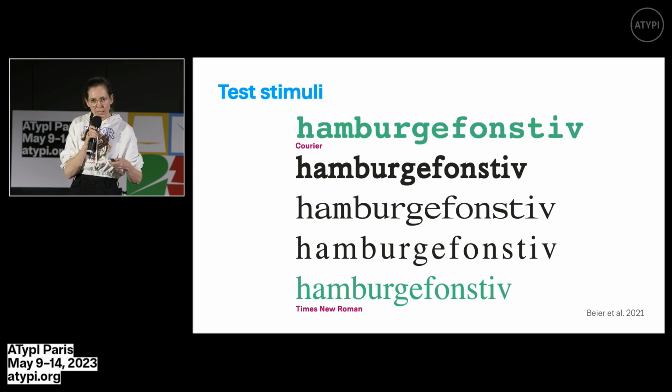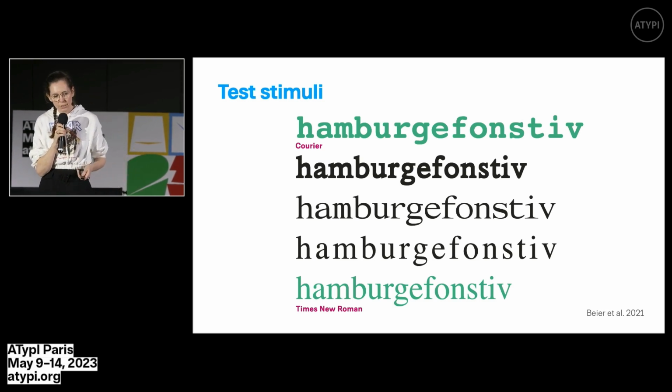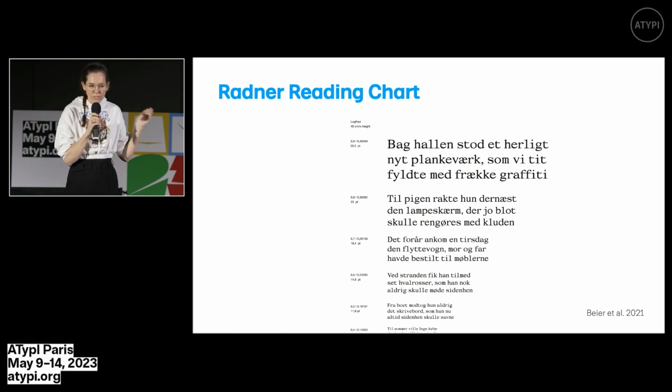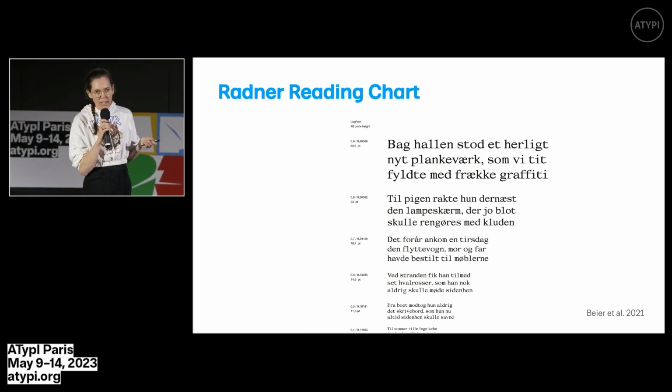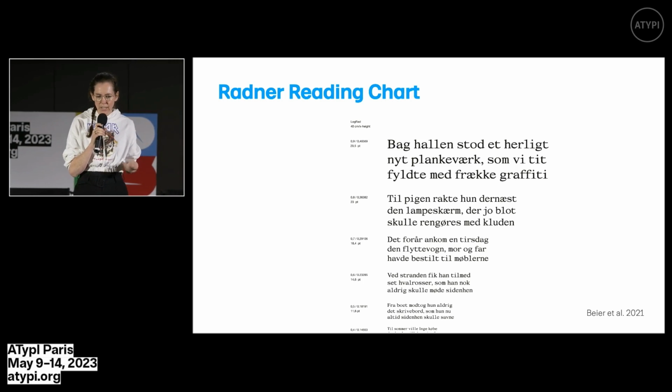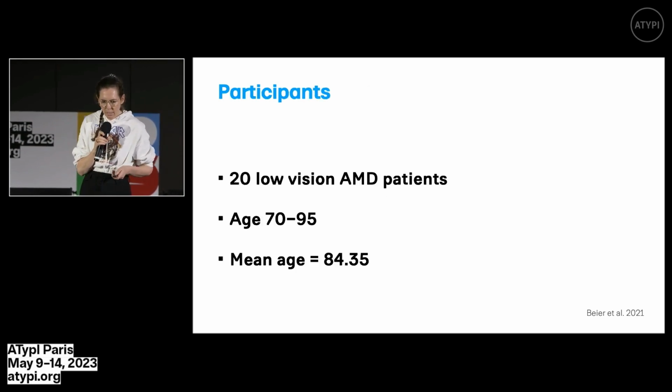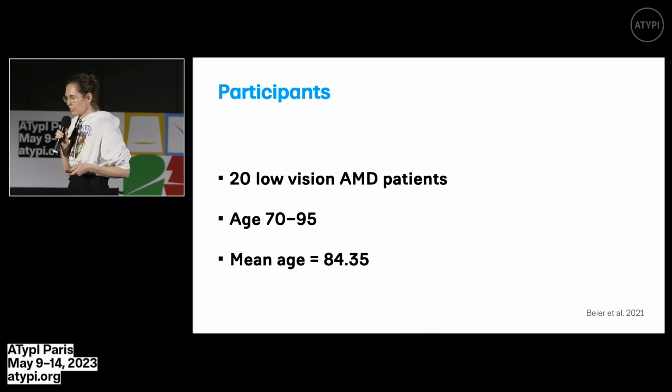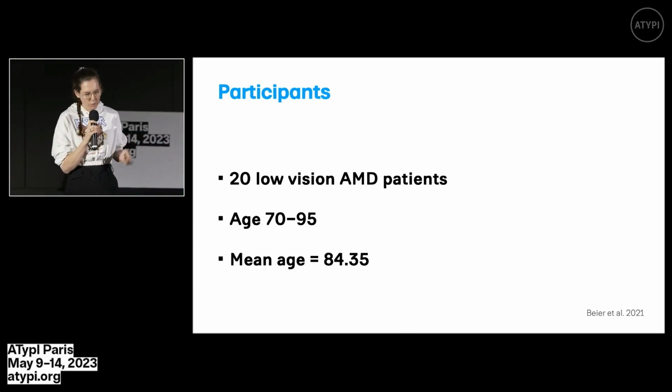And by doing so, we have that variable from Curia that could be transferred to other fonts. So we used the Radner reading chart, which is a similar chart to the MN Read chart and has the same measures. We tested 20 low vision AMD patients of older age.